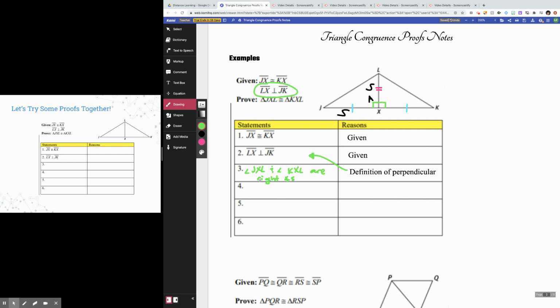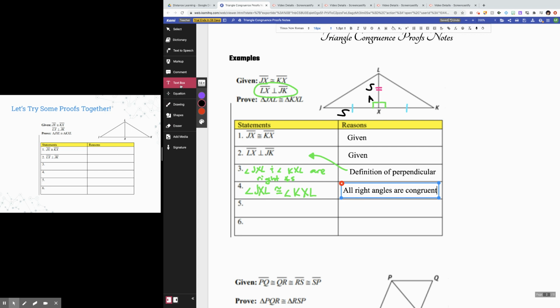Then right after that, if I know that they are right angles, then I can say that they're congruent. So angle JXL is congruent to angle KXL. My reason is because all right angles are congruent. That's like a rule that I know.